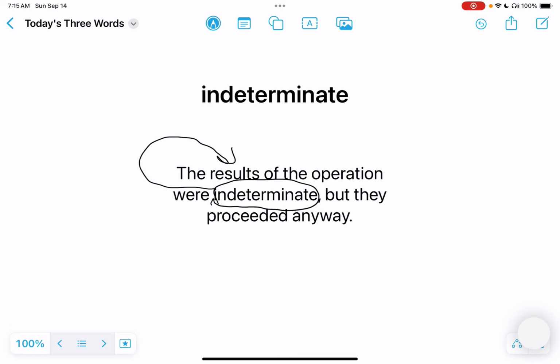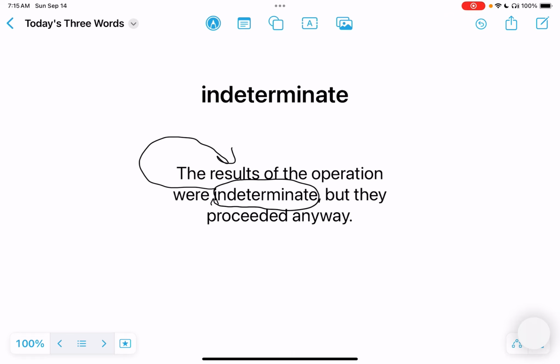outcome of the operation, but these people, whatever they're trying to do, they moved forward anyway, probably thinking something was going to happen, and they would get a certain outcome, regardless of what had just happened.